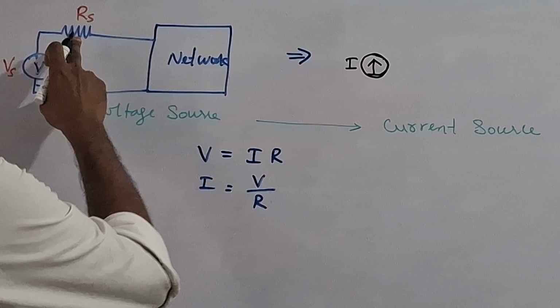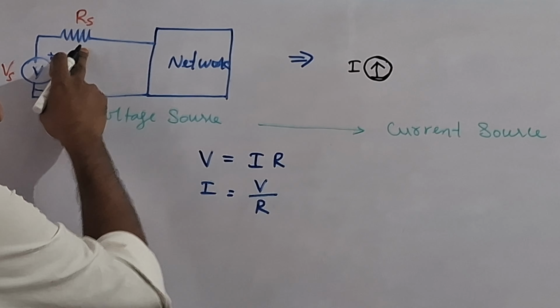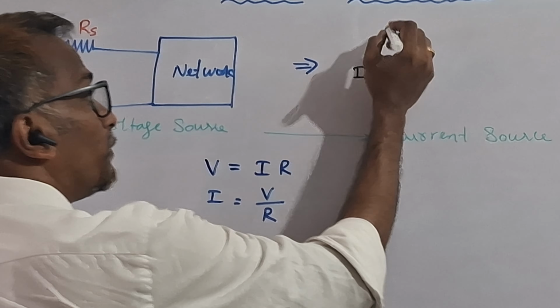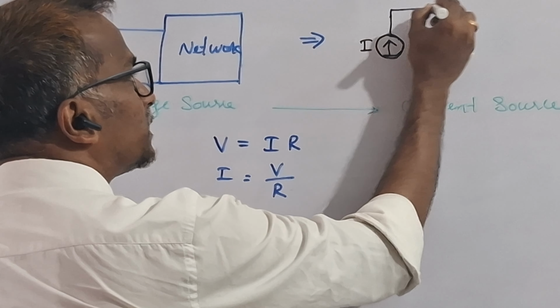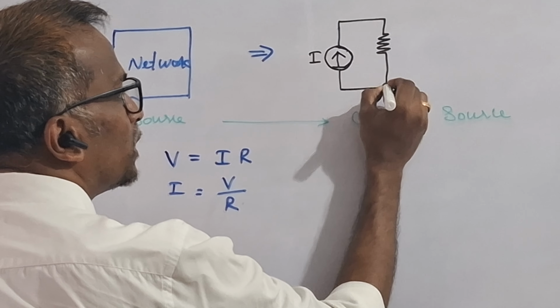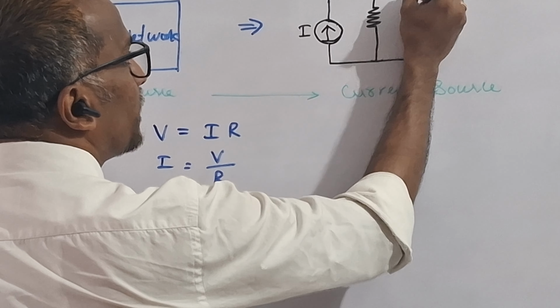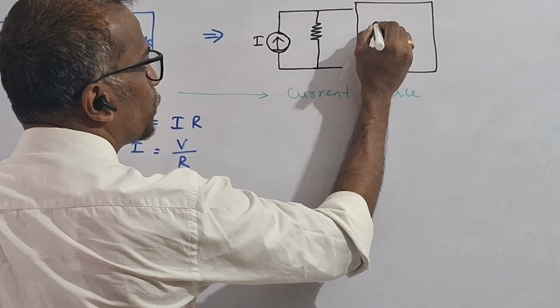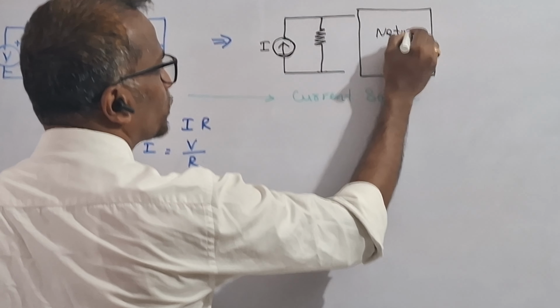Here the resistance is connected in series with the voltage source, but here we have to connect it in parallel with the current source. The remaining network has no change, and we use it as such.